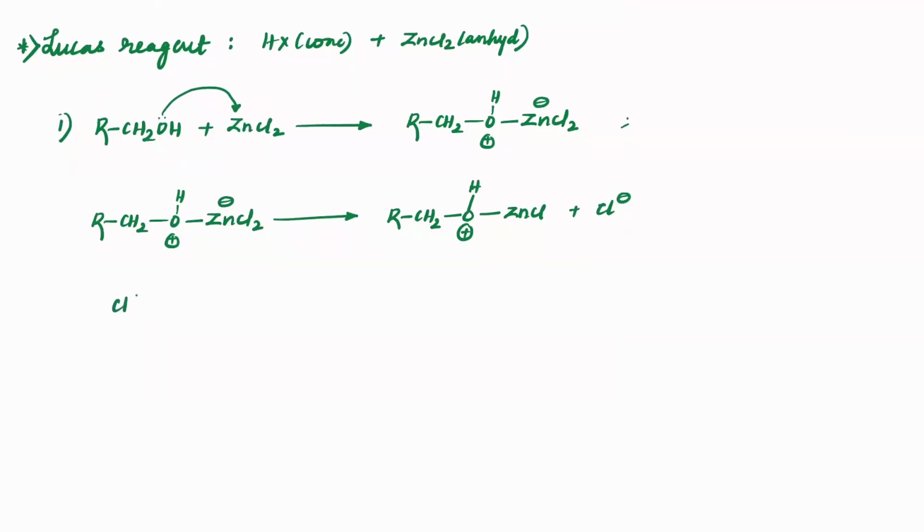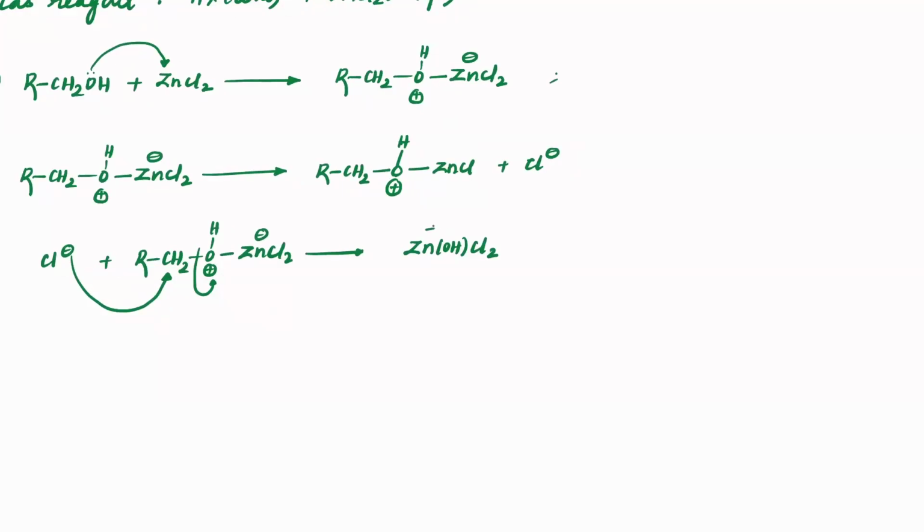And once you get this Cl minus here, now a few moles of this RCH2OH, which is already connected with ZnCl2 minus, and this Cl minus can connect here to remove this bond, and that will convert into ZnOH and Cl2 here, with a minus charge still carried, plus RCH2Cl. This goes via SN2 mechanism, because here stable carbocation formation is hardly observed.